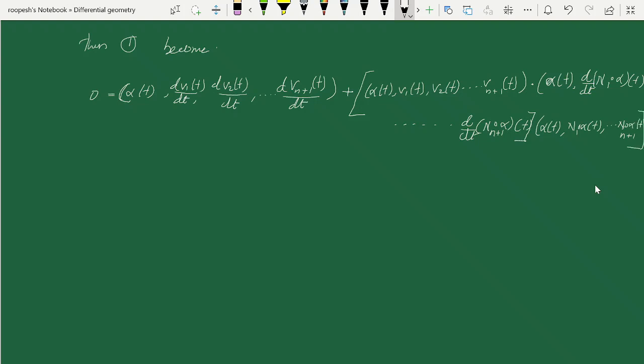See, we have converted everything into its components, nothing else.